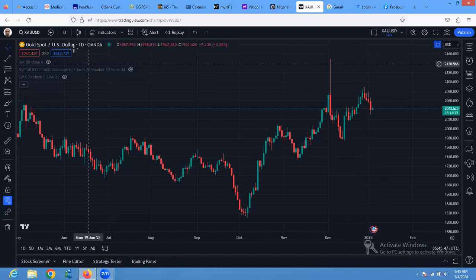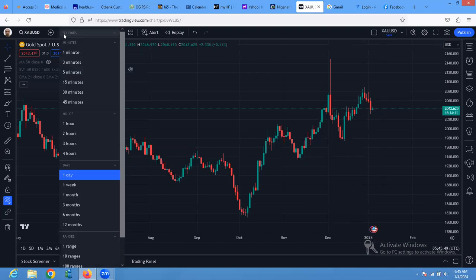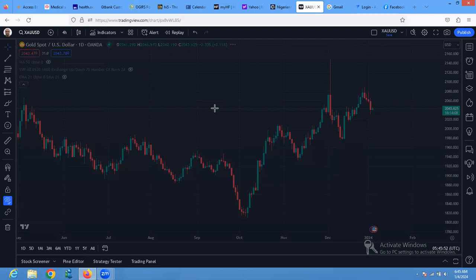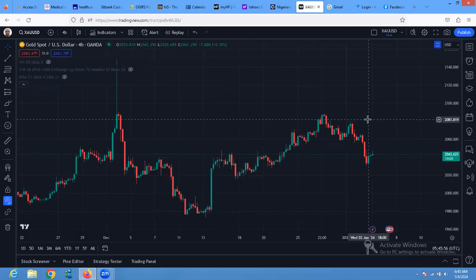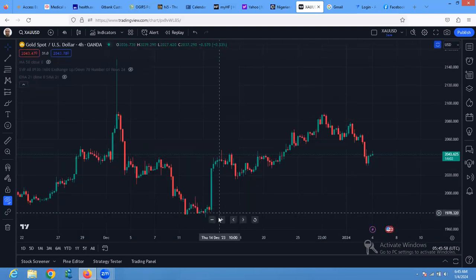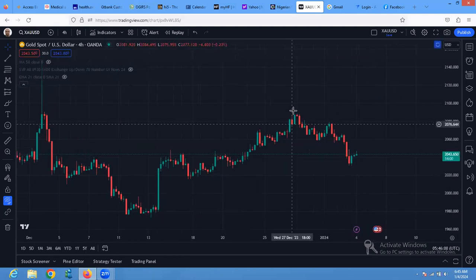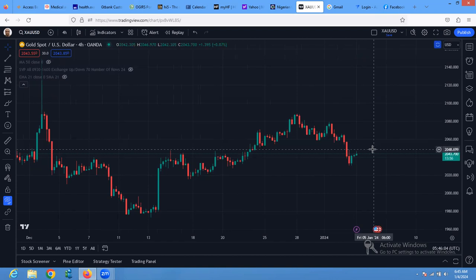Now, let me go to the 4-hour time frame. On the 4-hour time frame, if we are going to go up and start a big correction, we need to take the height here, which is 2040, let's say 2049 thereabouts, to the upside.